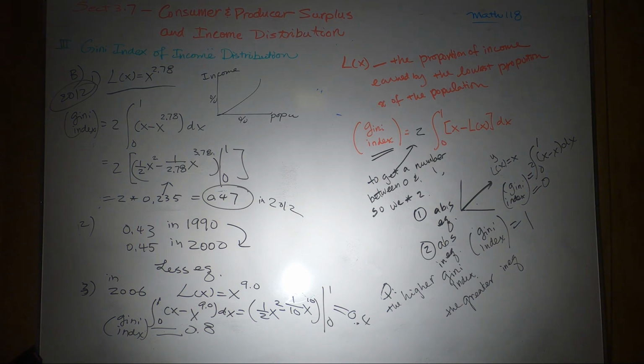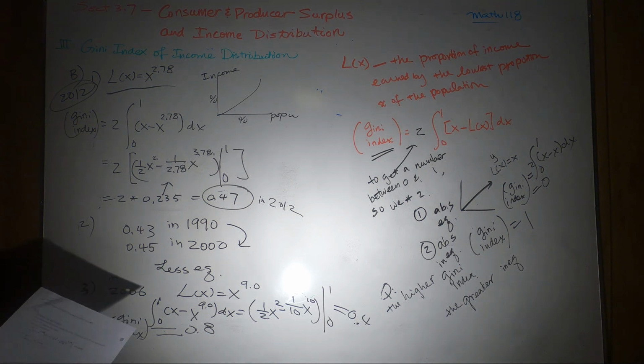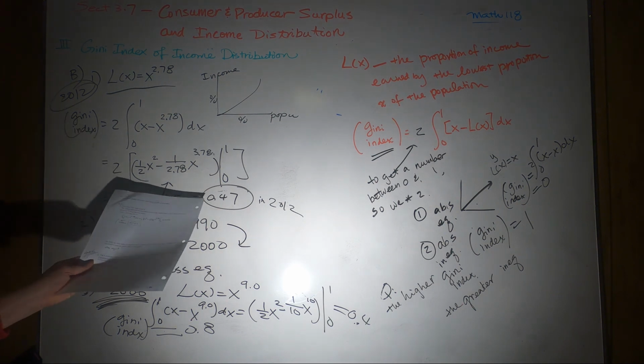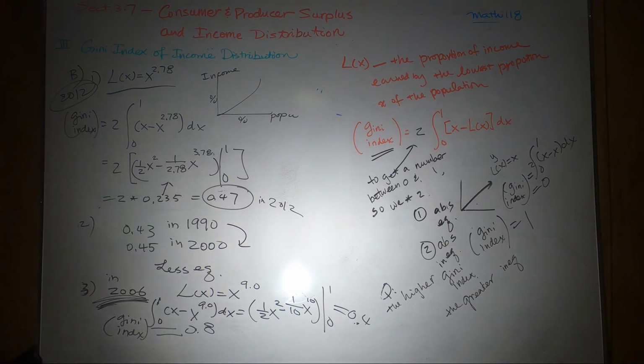I need to check the magazine to see whether this data is calculated correctly, and whether they got real data in 2006. Because 2012 is only 0.47, 1990 is 0.43, and 2000 is 0.45.